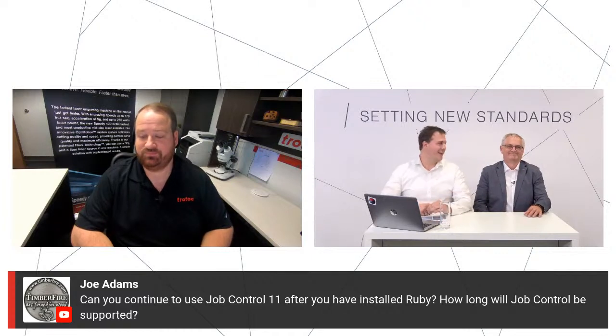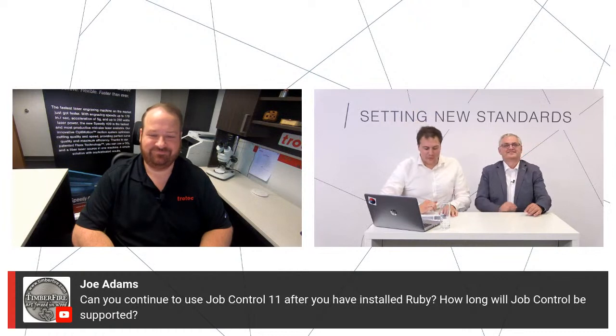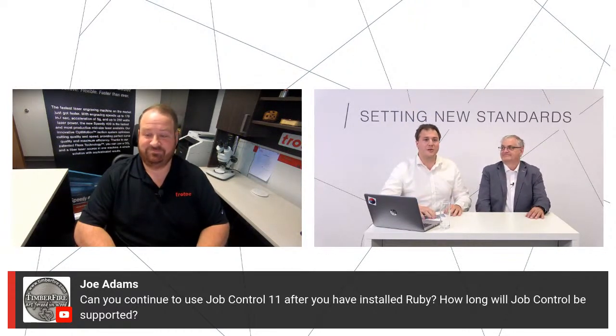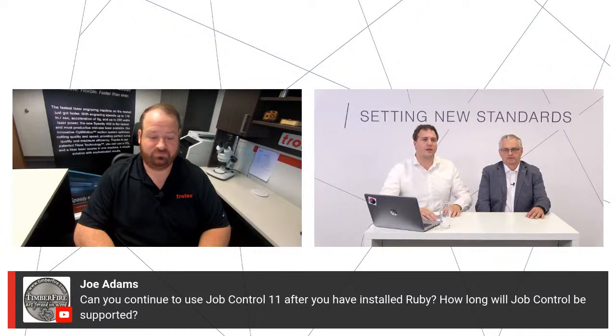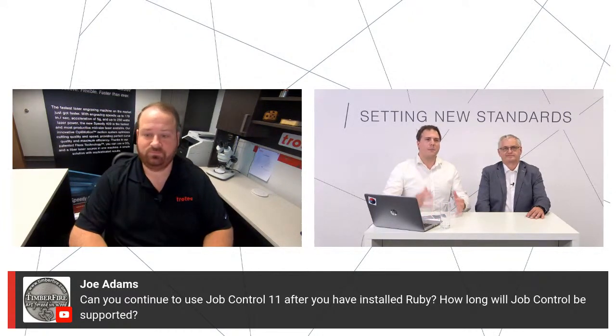Yeah, well, that's definitely one of the most frequently asked questions. Of course, everybody can still continue working with Job Control, so Job Control is still fully functional. And we will also still support Job Control. But as I mentioned in the beginning, our main laser software will be Ruby in the future. We have seen all the functionality today, and we have seen the roadmap, what else is coming.